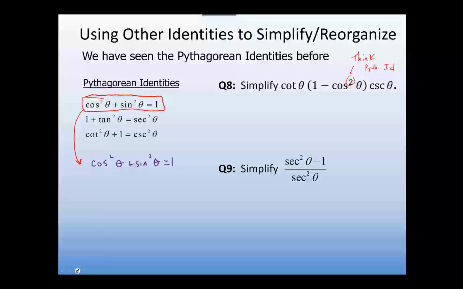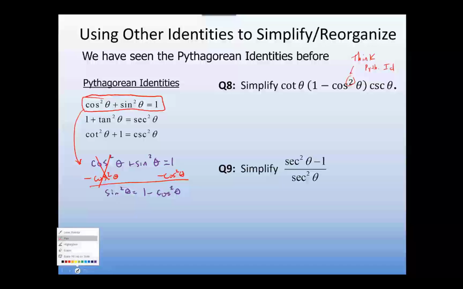I'm going to subtract the cosine squared theta from the left and from the right, and these cancel out. And I get this new statement: sine squared of theta equals 1 minus cosine squared of theta. This new statement is a variation of the Pythagorean identity.